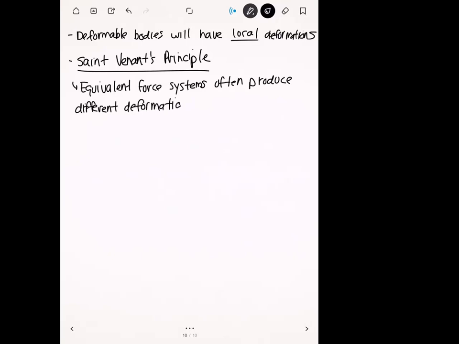We know that from the previous example. But what Saint Venant's principle tells us is that the nature of these differences, or where you see the most differences, are where the forces are being applied, okay?